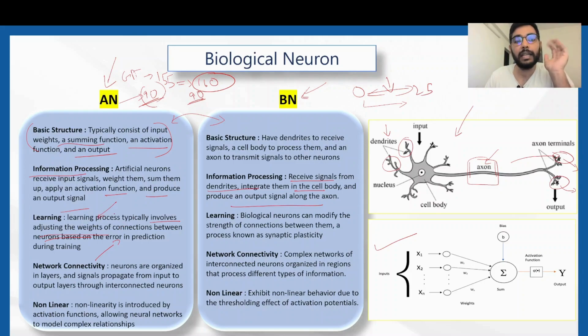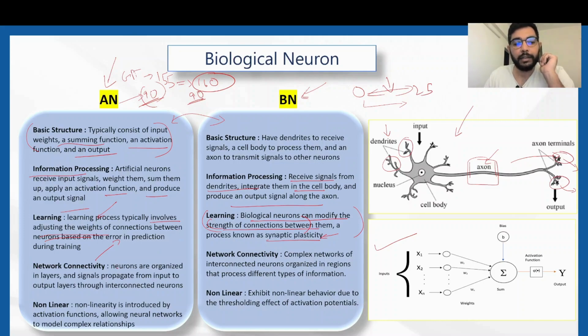This is how learning in an artificial neural network takes place, right? And it's similar in a biological neuron. It can also modify the strength of the connections between multiple neurons based on a factor known as synaptic plasticity. We need not go into the biological terms, but it's similar to what an artificial neuron does: modify the weights.